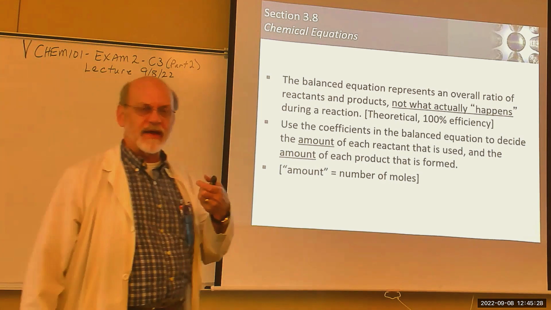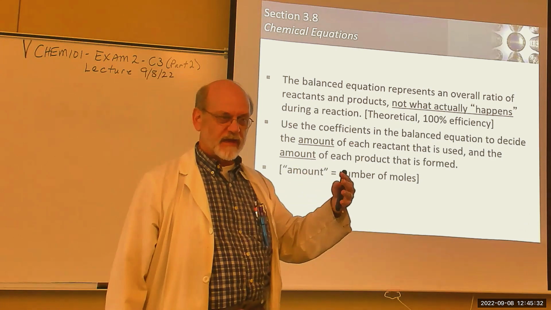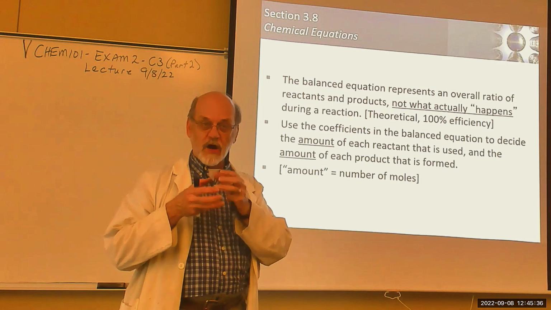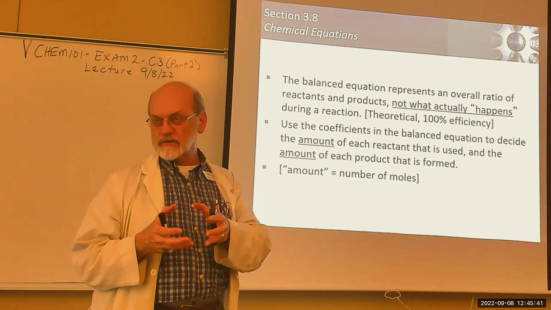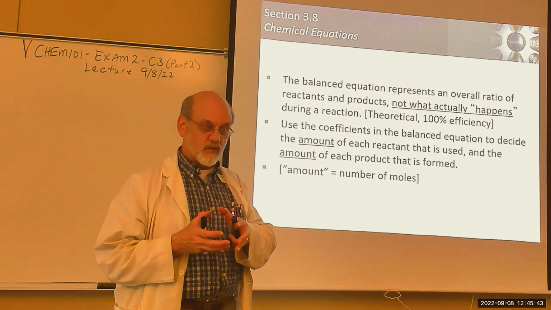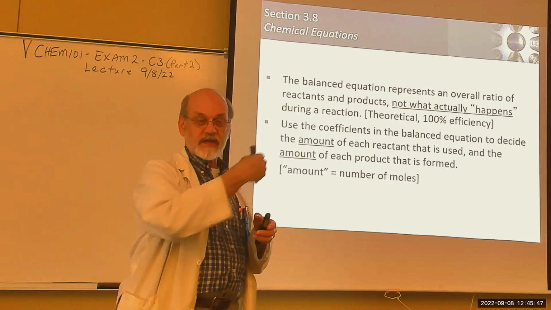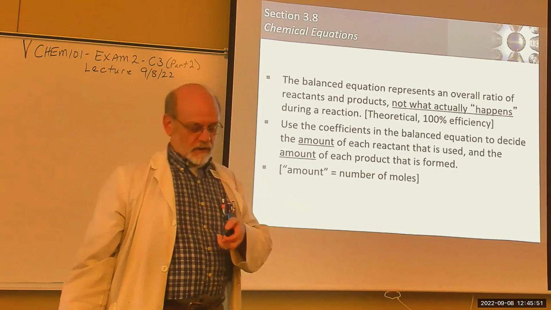Once you get these compounds and elements written correctly in the reactant side and the product side, those formulas are chiseled in stone. You cannot touch those formulas. The only way you can balance the equation is with coefficients. You can put numbers in front of each one saying, I need 2 of these, I need 3 of these, whatever.